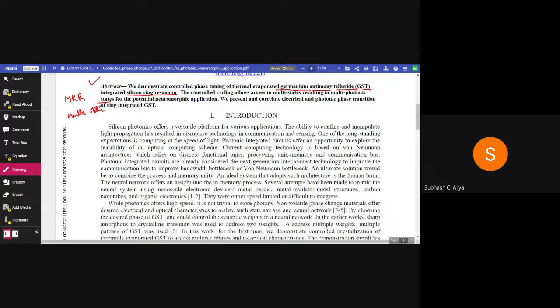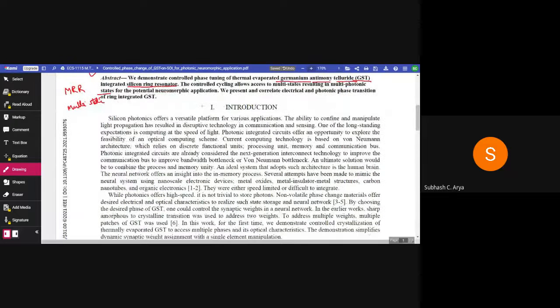So let us see the introduction. Silicon photonics offers a versatile platform for various applications. The ability to confine and manipulate light propagation has resulted in disruptive technology in communication and sensing.